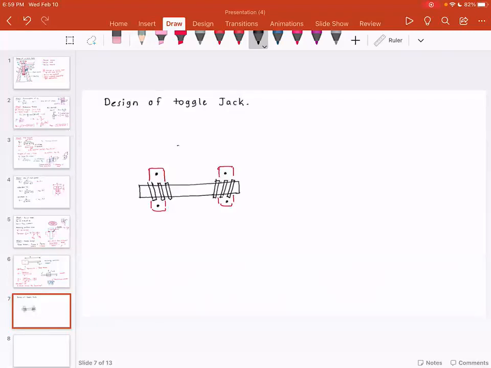And then you have a support plate here, and then you have a base.